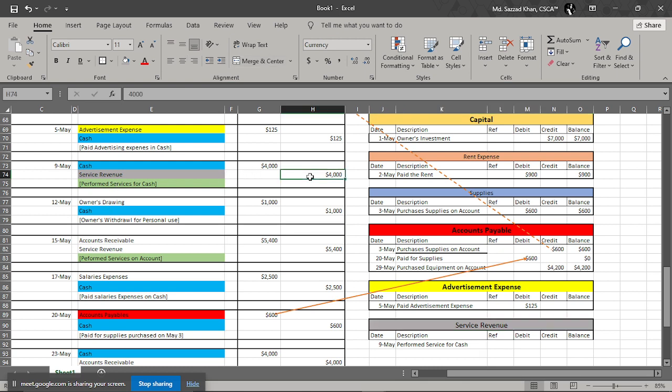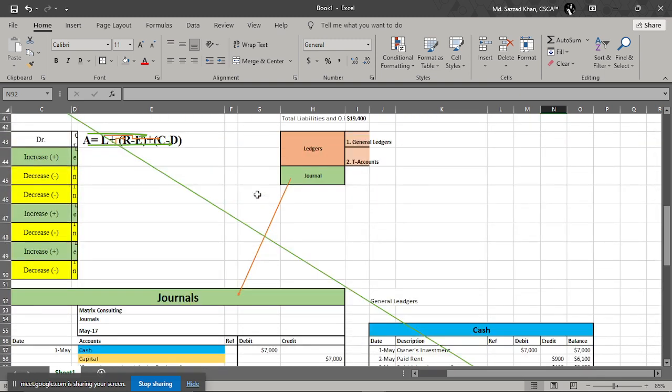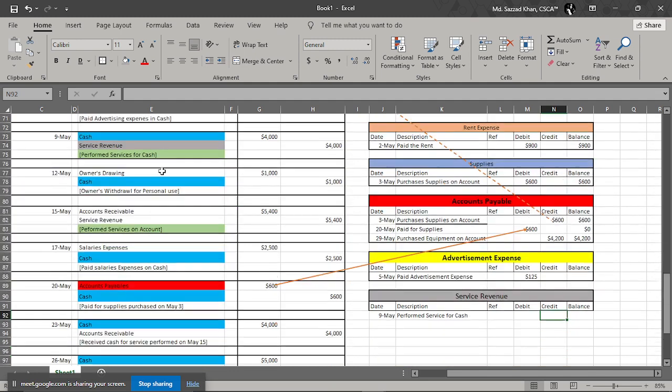My account was credited. As we know, revenue works like the liability in the equation, so it will open up with a credit balance. $4,000.